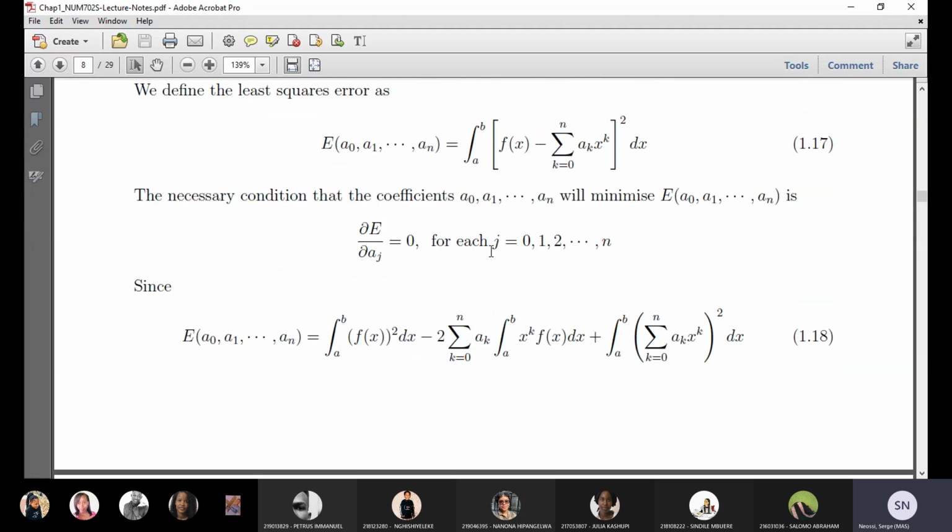Now let us differentiate. Let us fix j. We fix it because you can see here the summation depends on k. Now we fix j, an arbitrary element between 0 and n, because k here varies, and k can take any value between 0 and n. So we fix one of them, and we call that j.